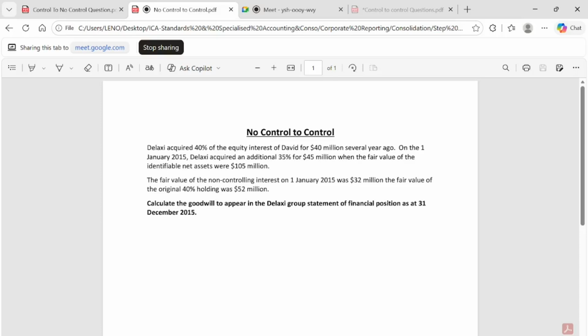So when you are doing no control to control, the only place that you do a calculation different from your usual is the goodwill. The rest are the same.